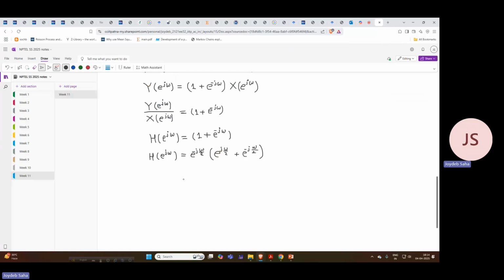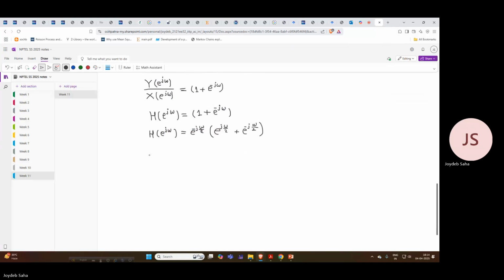Okay, so we can write H of e to the power j omega is equal to 2 e to the power minus j omega by 2 multiplied with e to the power j omega by 2 plus e to the power minus j omega by 2, divided by 2.